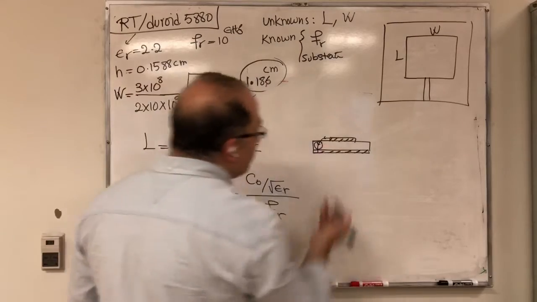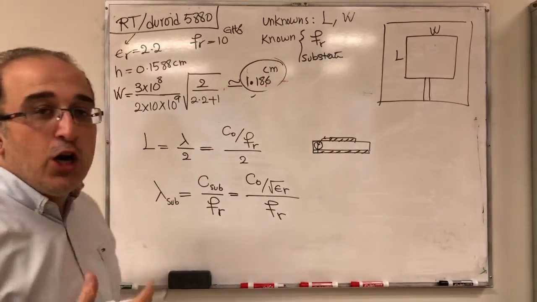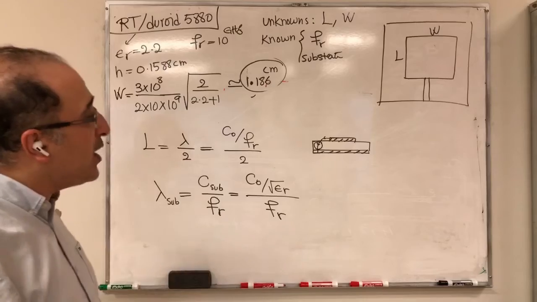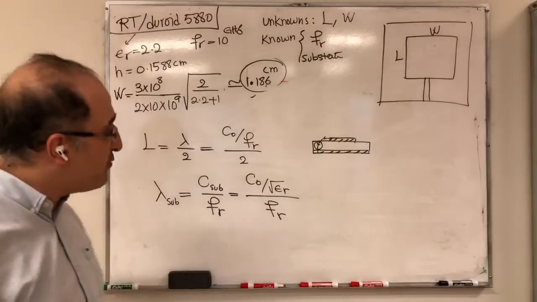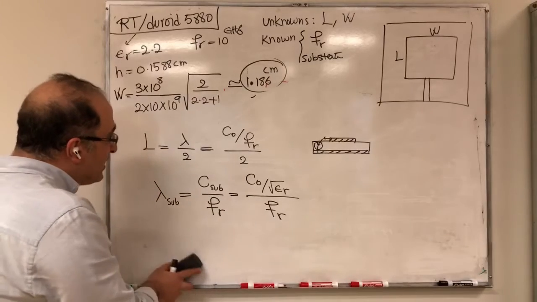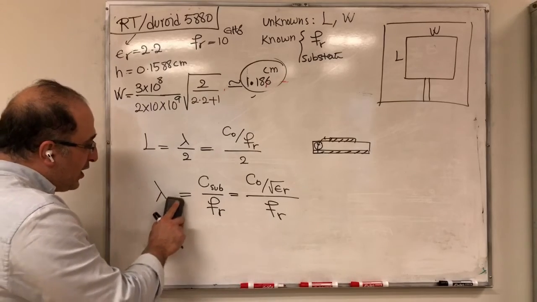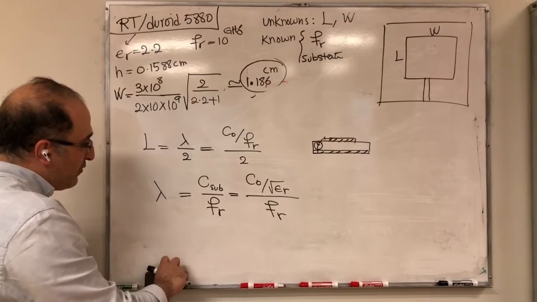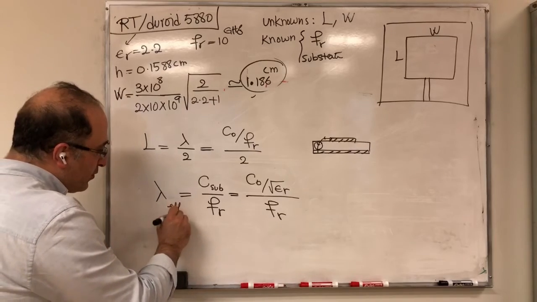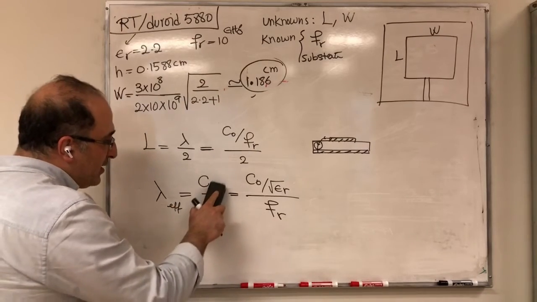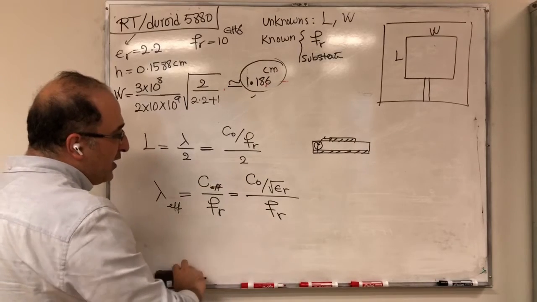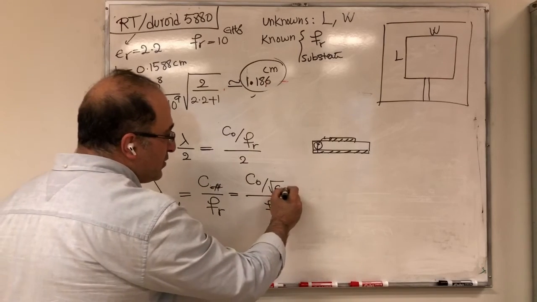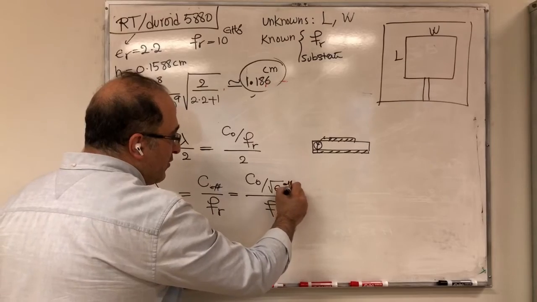The thing is, the fields in the substrate are more, so it's more in the substrate. So essentially, I need to define an epsilon r effective, and then instead of this lambda here, I can write lambda effective, and then I can change that to C effective, and then change that to epsilon r effective.